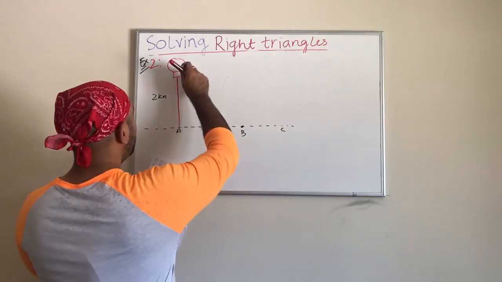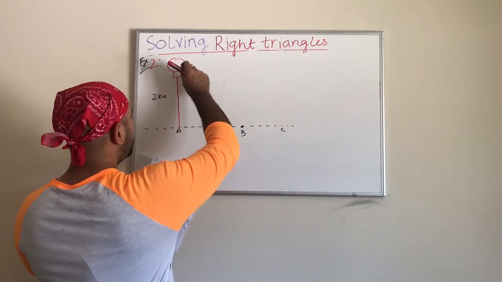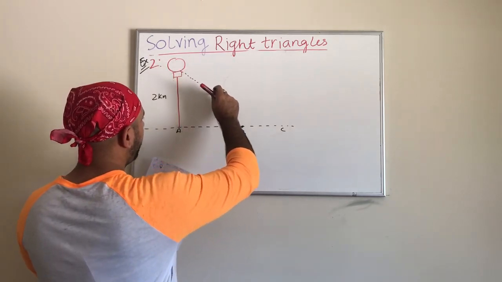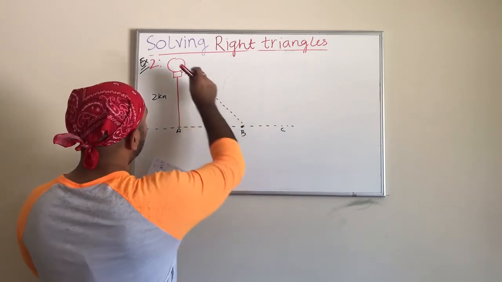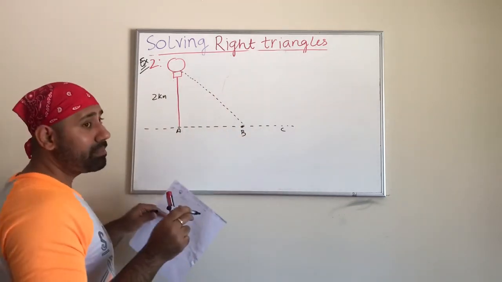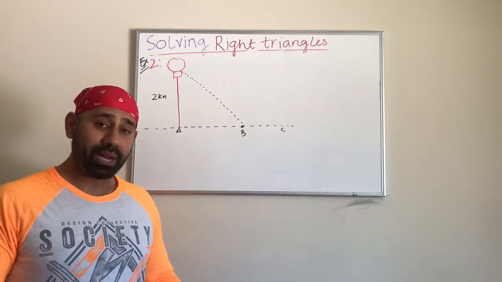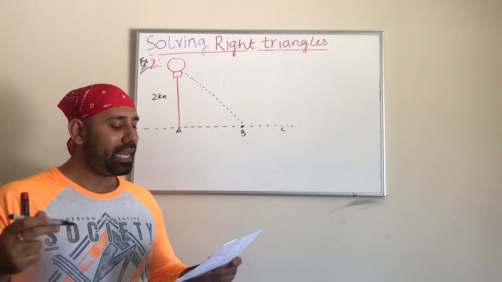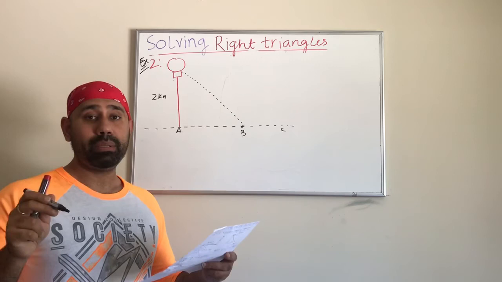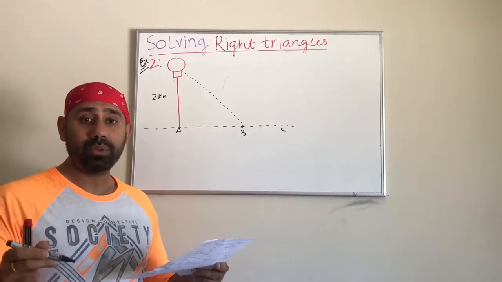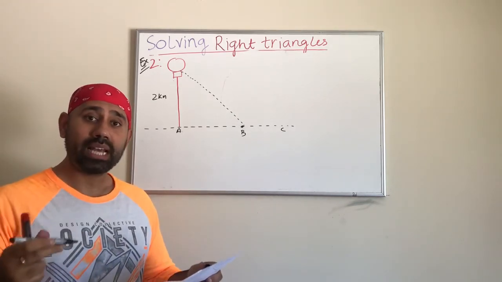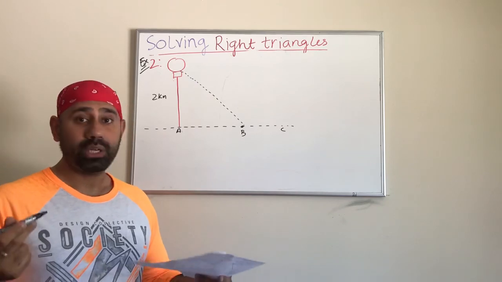So this person is directly looking down at point B first. And the angle of depression, because the person is looking down, so we are first going to talk about the angle of depression. Guys, the angle of depression is 81.2 degrees. And keep in mind, angle of depression is always measured for the line of sight with respect to the horizontal, not the vertical.